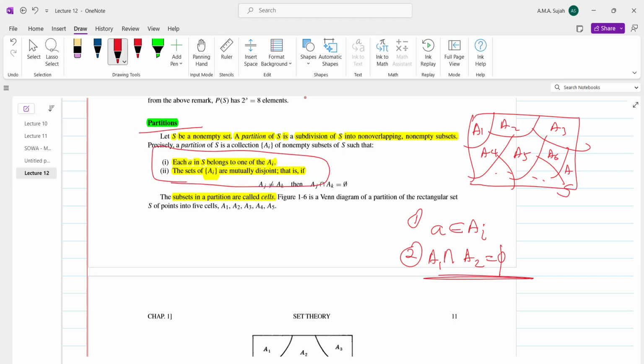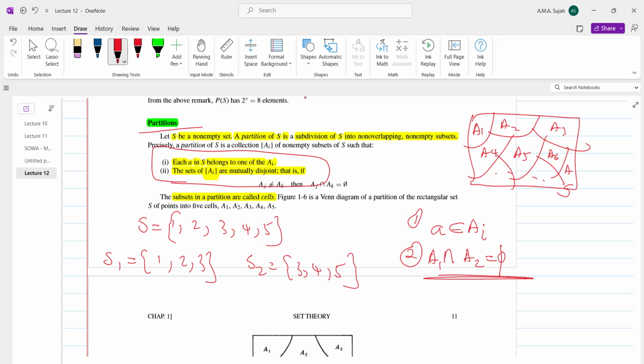So if you are partitioning something, you need to check these two conditions, right? Let's say you have a set S. Partition S1 is 1, 2, 3, and partition S2 is 3, 4, 5. What do you think about S1 and S2?